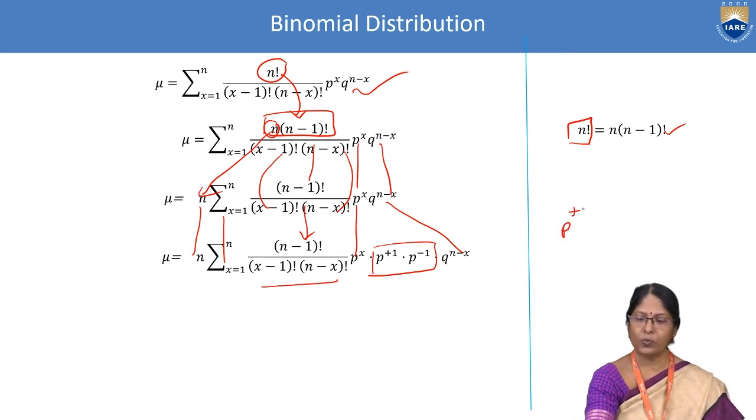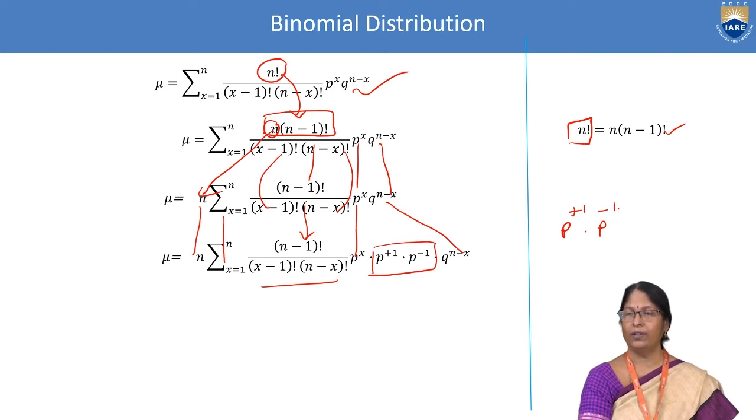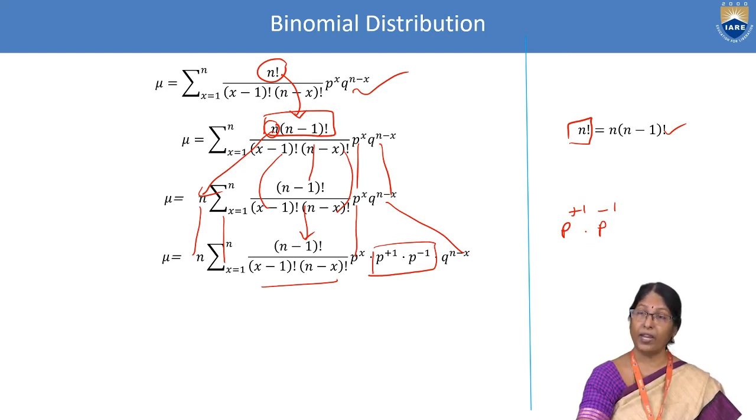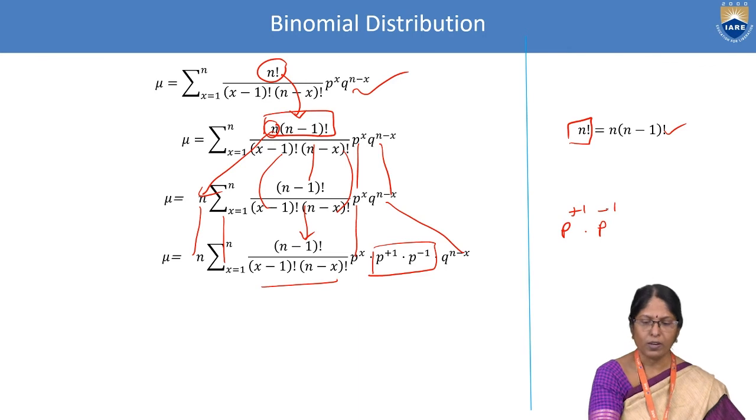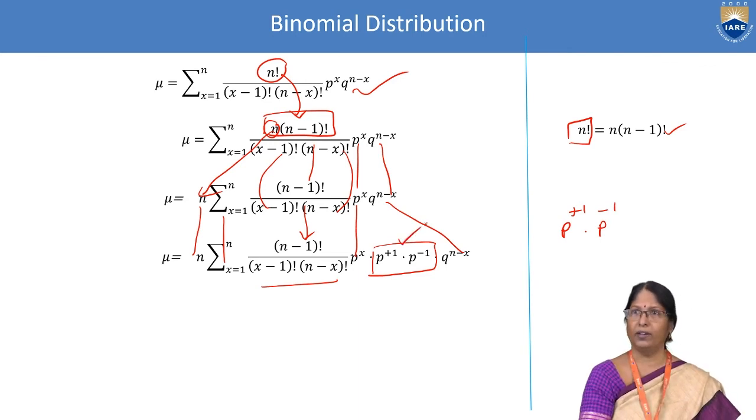But this term extra we added, that is p power plus 1 into p power minus 1. That is p into p power minus 1. This multiplication we have taken. Suddenly, if we have taken, it won't affect the result, or is there any mathematical law? Yes, mathematically there is a law. p power plus 1 into p power minus 1 is what we included here.